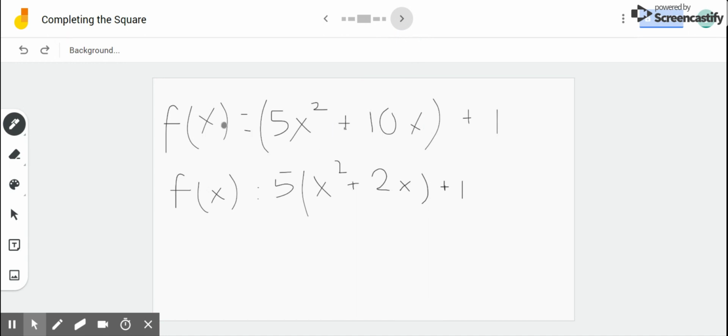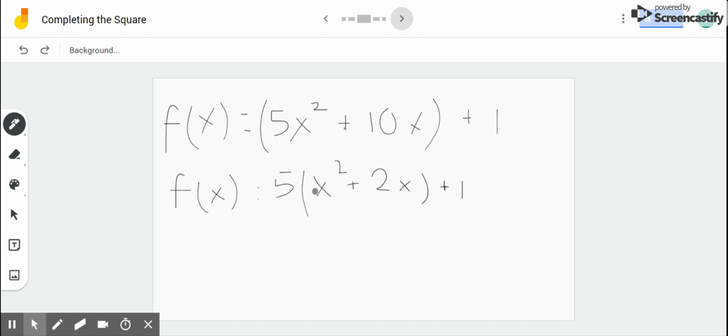So what we're going to do is take out the c and put it outside of the parentheses, so it'd be easier to factor out. So it would be f of x equals 5x squared plus 10x, and we put parentheses around it, and then plus 1.